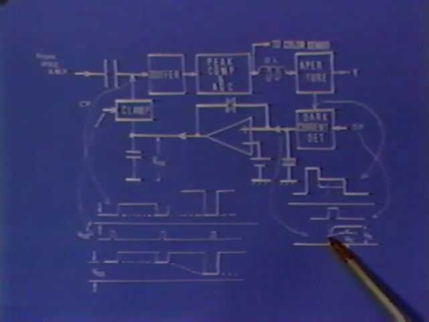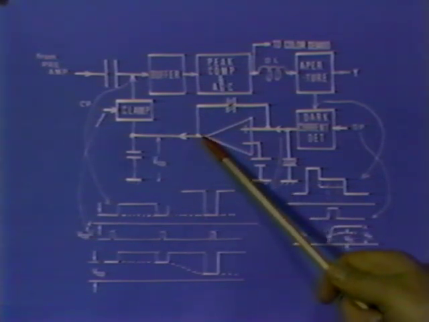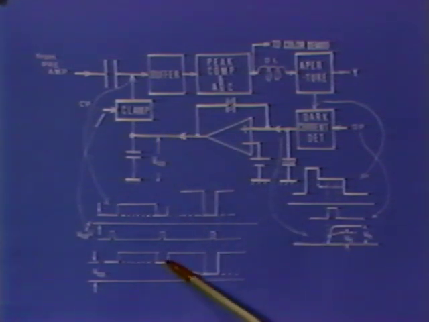Accordingly, the sample held voltage also goes down like this. This is compared with the standard voltage of the operational amplifier and is amplified so that the operational amplifier decreases its output by what the dark current increases.